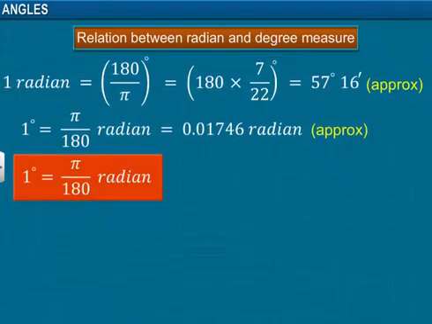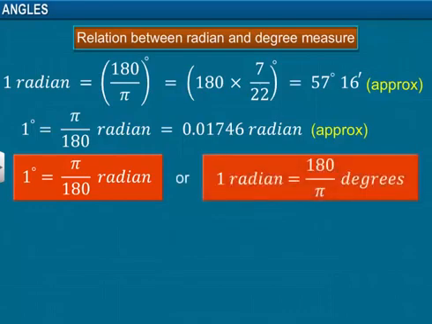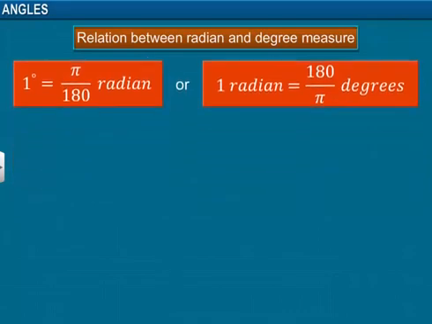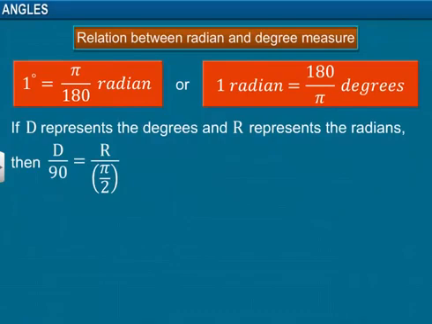So we can convert degree measure to radian measure or vice versa using the formulae shown. There is also an alternate formula to convert degree measure to radian measure or vice versa. If D represents the degrees and R represents the radians, then D divided by 90 is equal to R divided by pi upon 2.